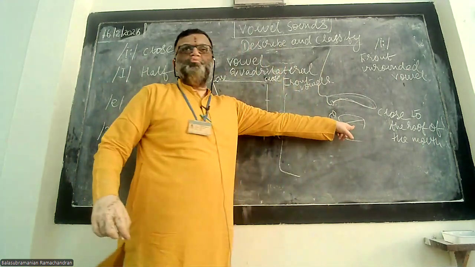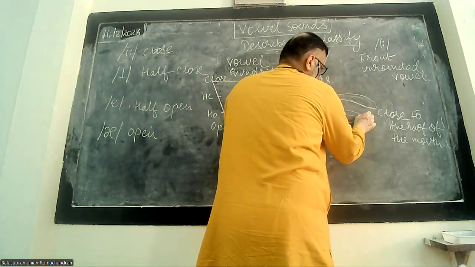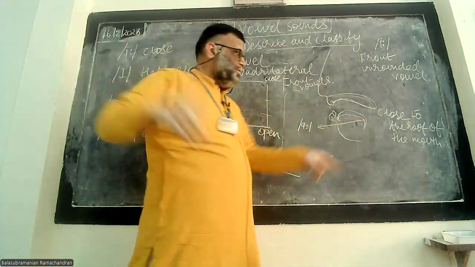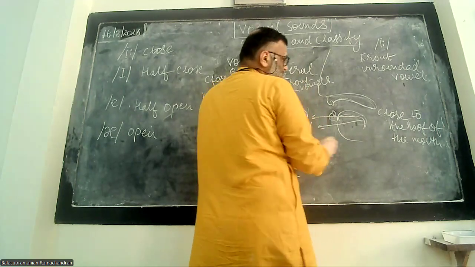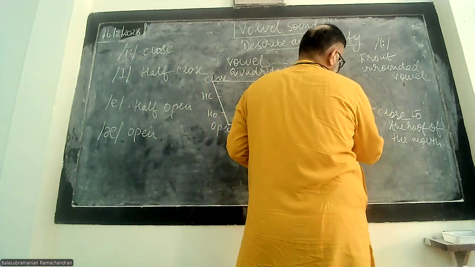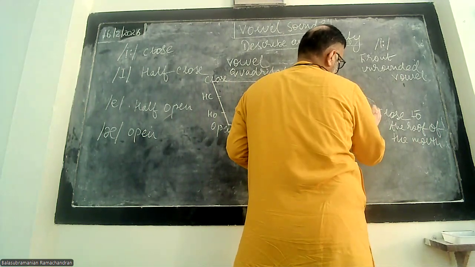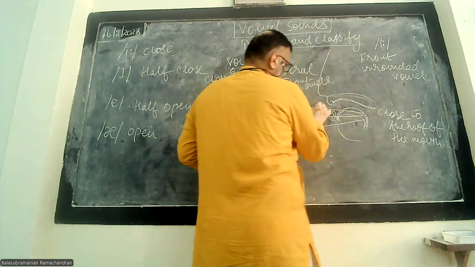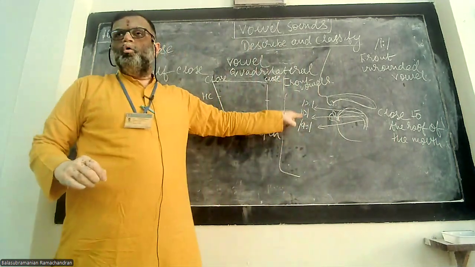This is the tongue position for this one. So we have to plot the back part of the tongue, for each of the back vowels.